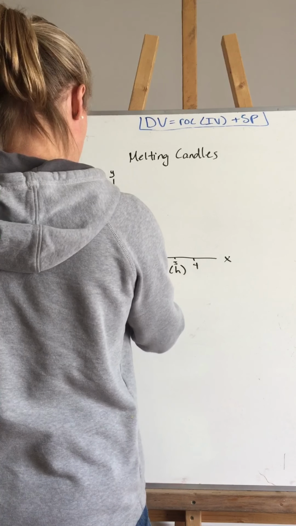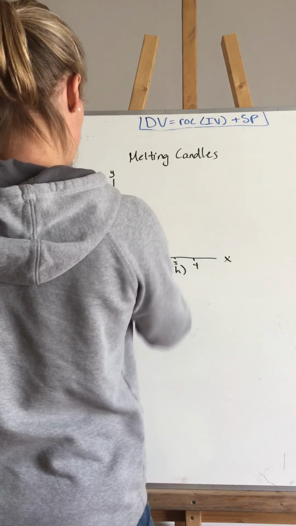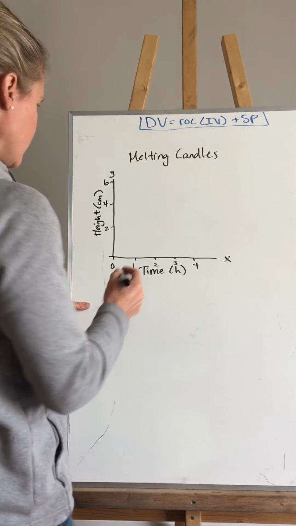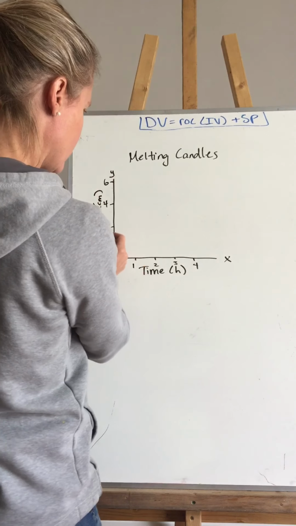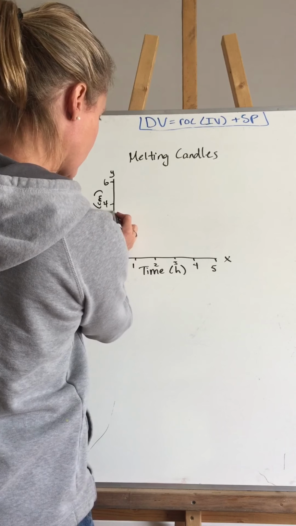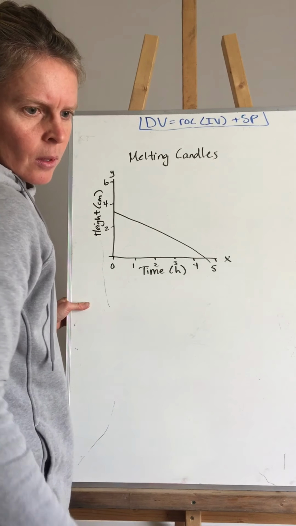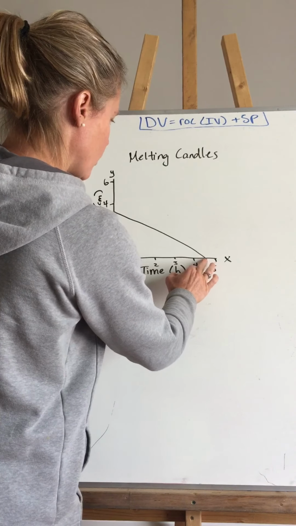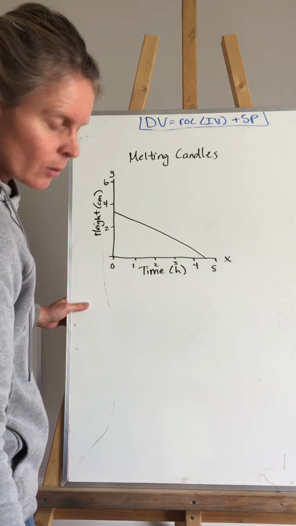The y-axis goes up by 2s: 2, 4, 6. The line goes down between 4 and 5. I think I have all the information on there that you need, and the question is to come up with the equation for the melting candles.